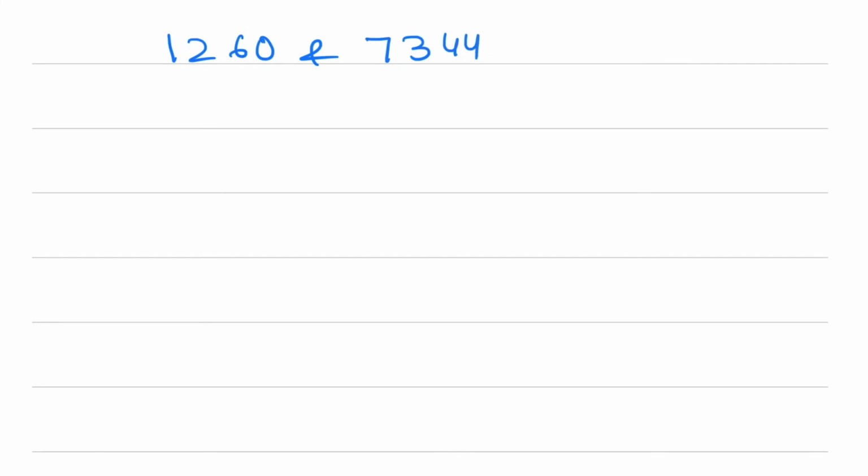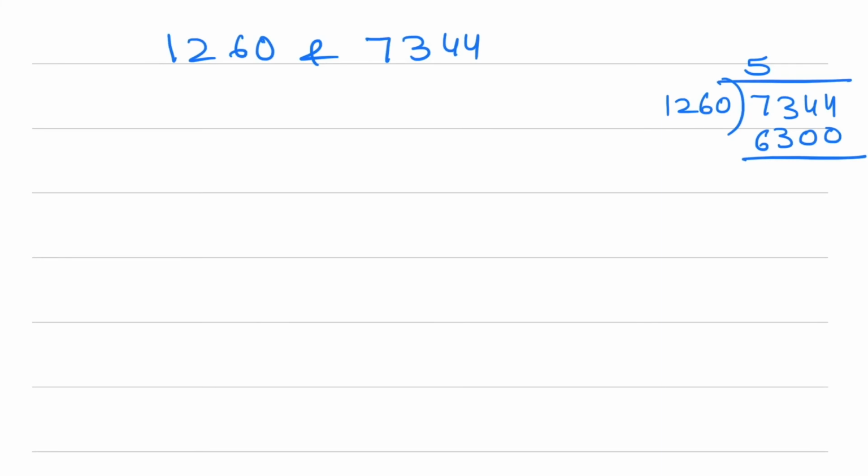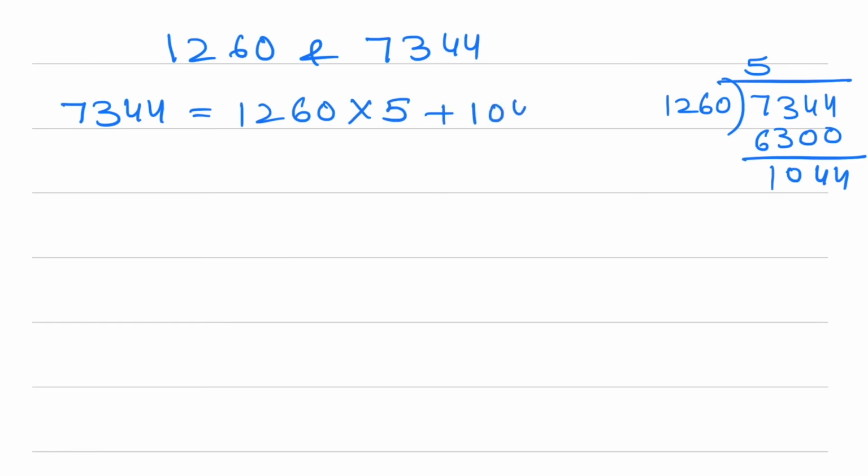Here we can divide 7344 by 1260. So I think it will go 5 times, and the remainder will be 1044. So we can write 7344 is equal to 1260 multiplied by 5 plus 1044.